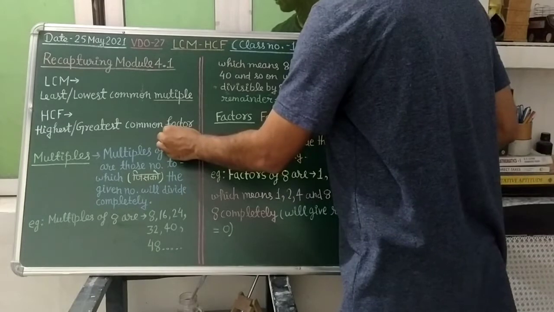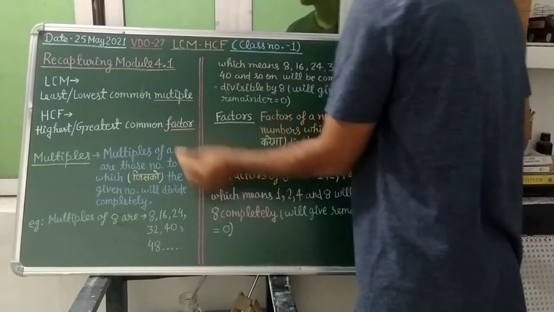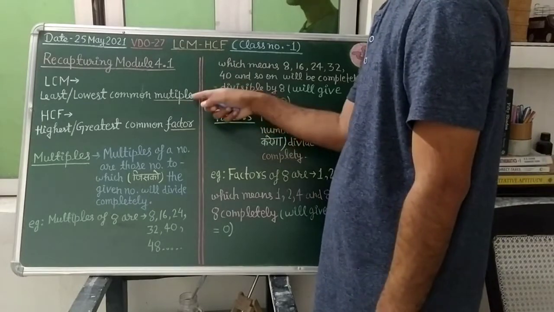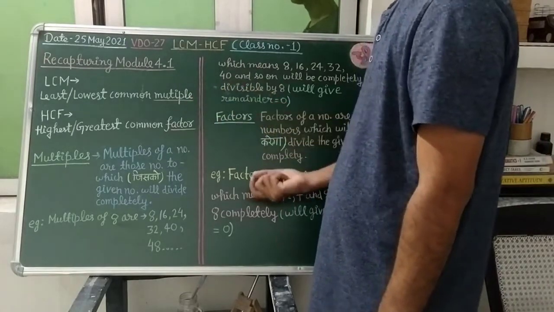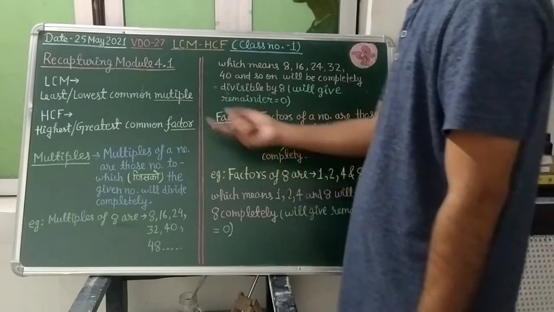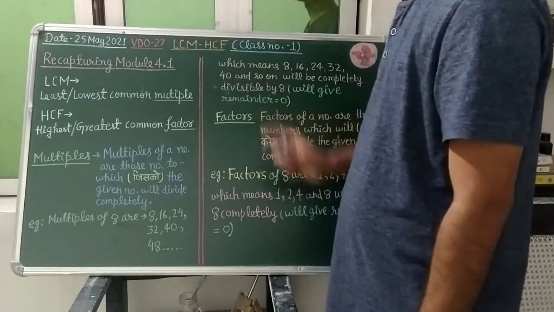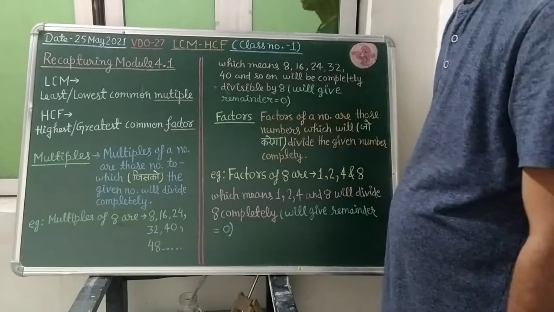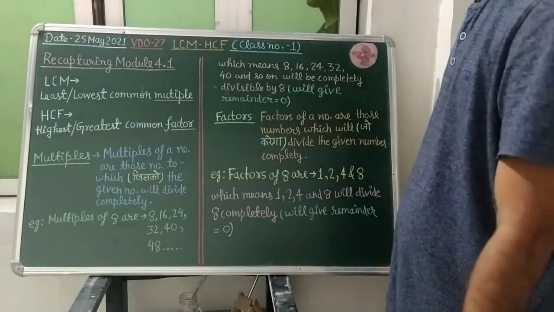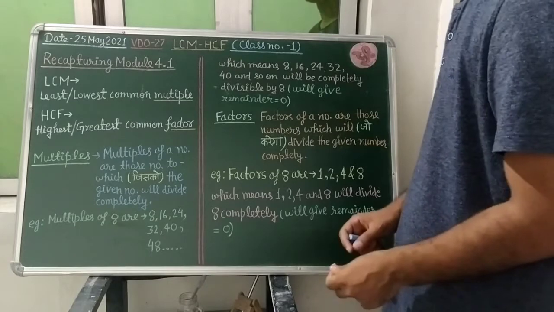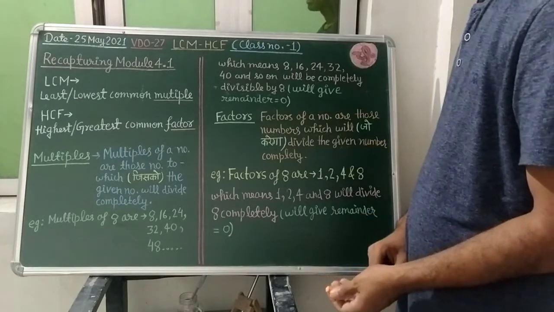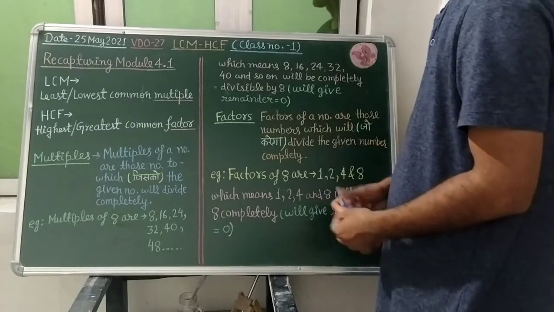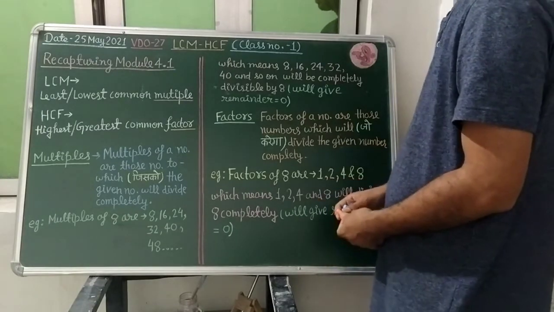Here is the factor. Look students, you will not say multiples, okay? You will say multiple, because LCM will be only one number and HCF will also be one number, so we will say multiple and factor. So the full form of LCM will be least common multiple, and HCF will be highest or greatest common factor.